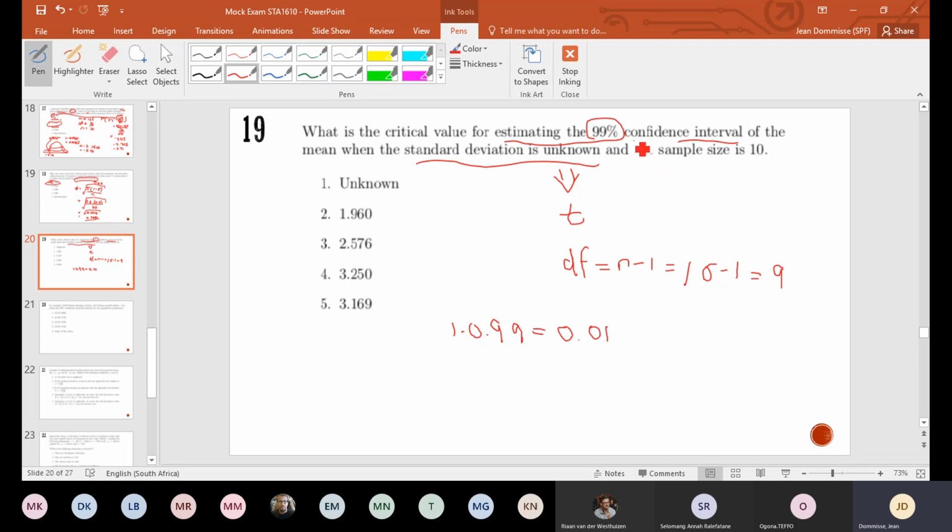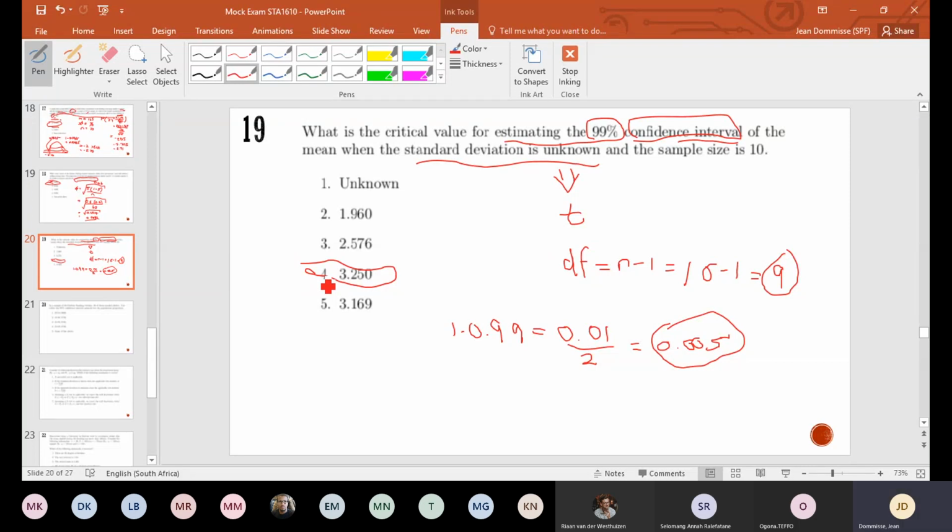But because we're working with a confidence interval, we still need to divide by 2, which gives us 0.005. So we need to look for the value where the degrees of freedom is 9, your alpha is 0.005, and that value is then 3.250.